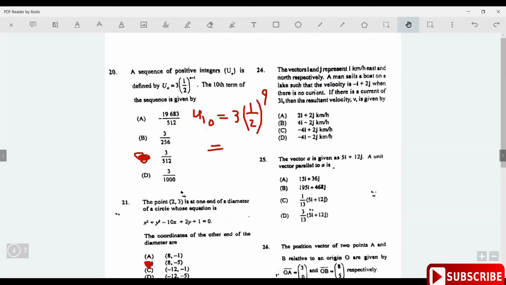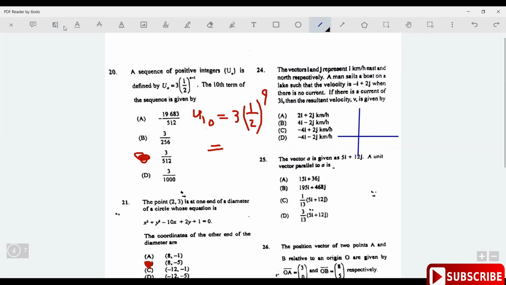Question 24, it says vectors i and j represent 1 kilometre east and north respectively. A man sails a boat on a lake such that the velocity is minus i plus 2j when there is no current. If the current is 3i, then what is the resultant vector? Now I always like when you put it on a graph and see what they're talking about.